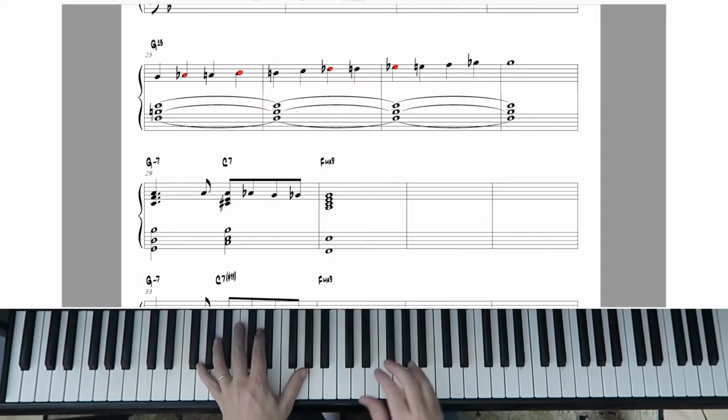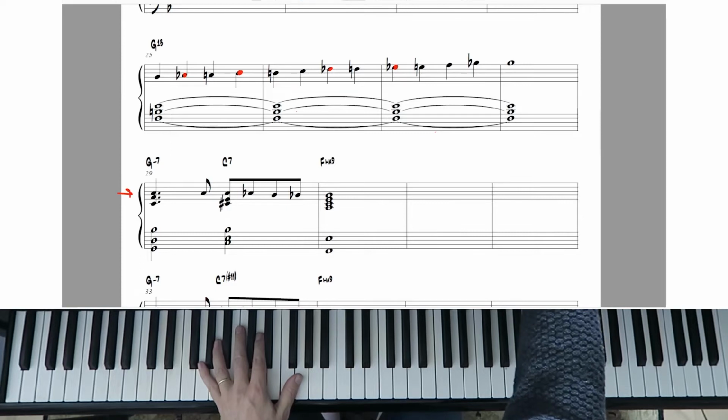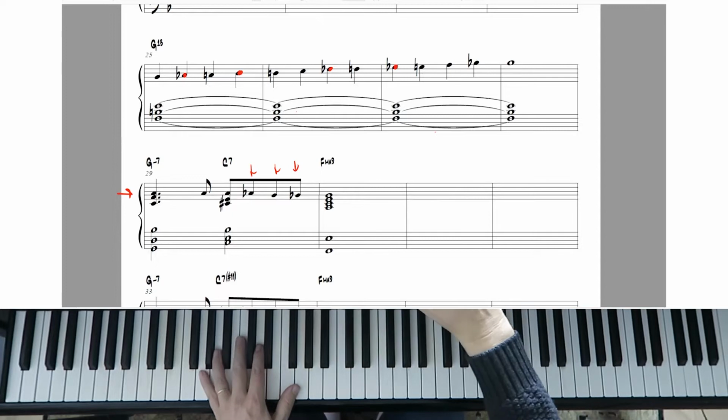Okay, let's take a look at the pattern. Starting here, we've got a couple of bars where we're utilizing these notes of the scale as passing notes and inner voices.